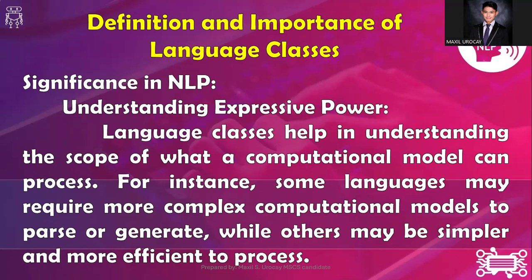So in NLP, understanding language classes is crucial for assessing the expressive power of computational models. Some languages require more complex models, like context-sensitive grammars, for tasks such as parsing and generation, while simpler languages like regular languages can be processed more efficiently with less complex models.